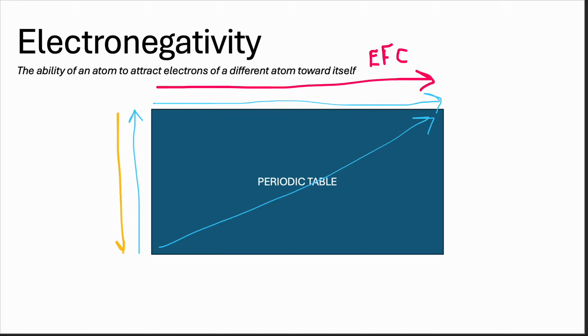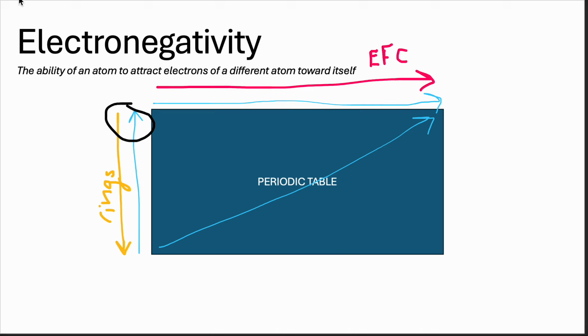Versus our number of electron shells or rings, which is increasing as you go down. So again, I can see that if I have less rings, then I have a greater electronegativity.